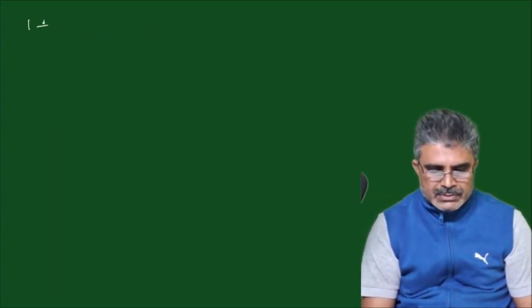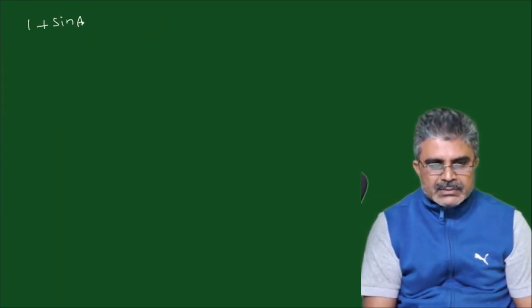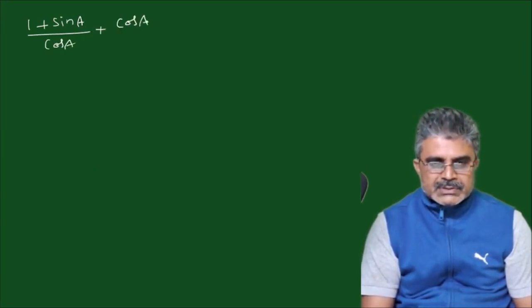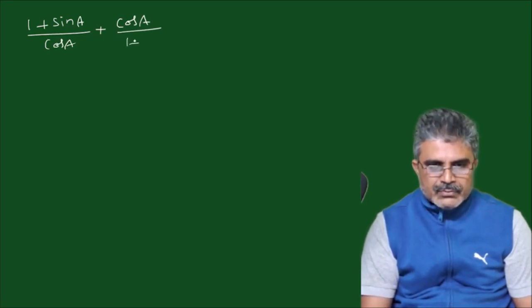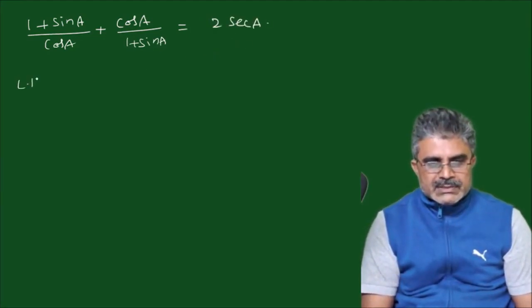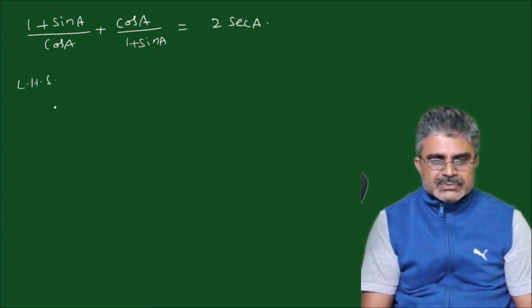Our next question is 1 plus sin A divided by cos A plus cos A divided by 1 plus sin A, which should be equated to 2 secant A. So consider LHS because that is the complicated one, it seems.